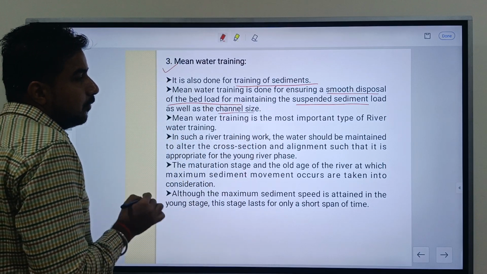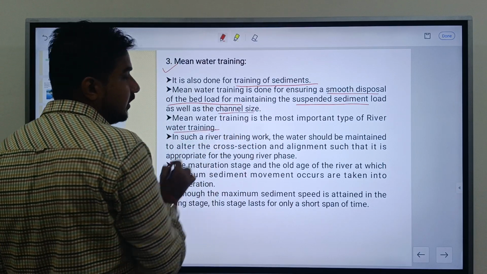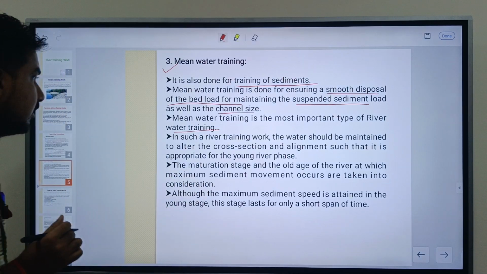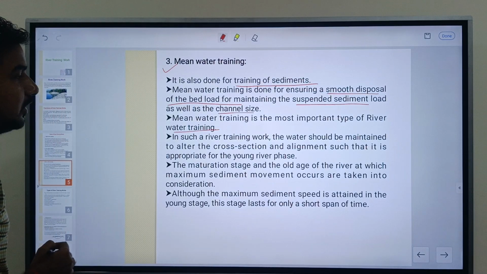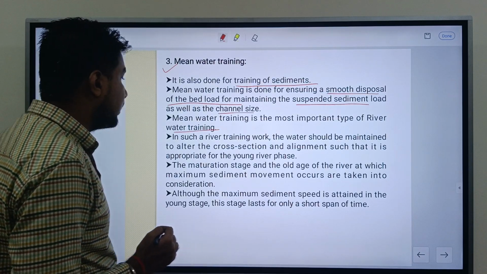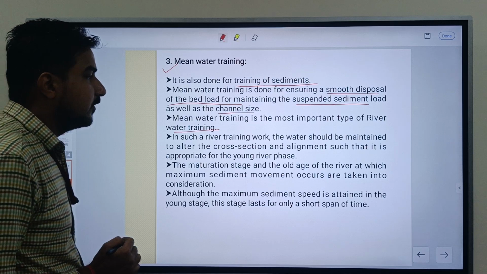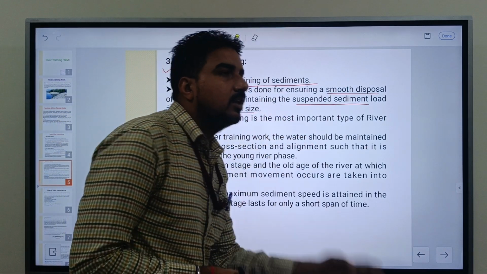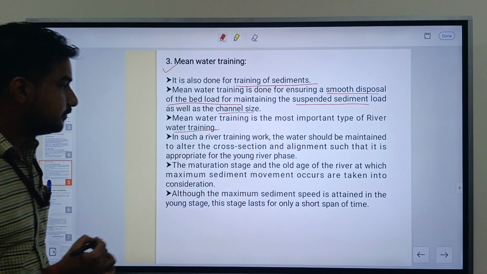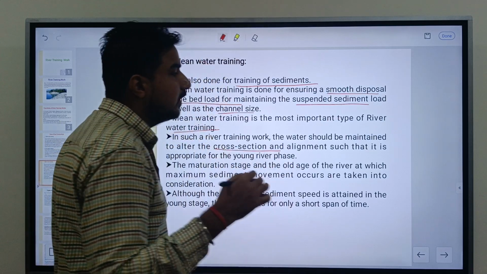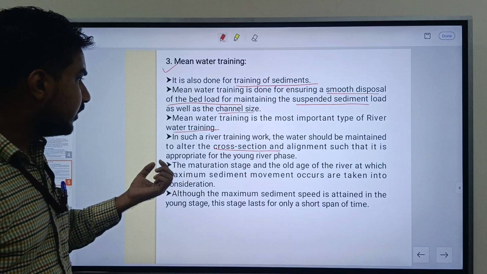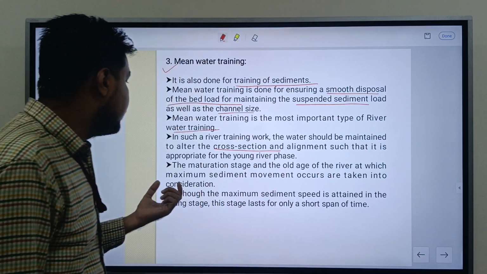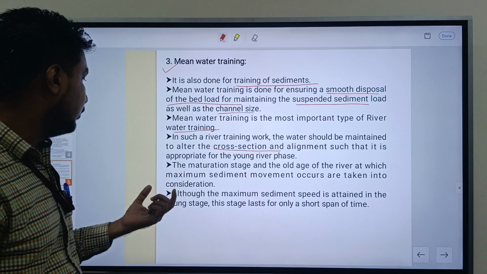Mean water training is the most important type of river training work. In such river training work, the water should be maintained in a proper cross-section and alignment, appropriate for the young river phase. That means they have to maintain a particular path, cross-section and alignment for easy and safe disposal of water along with the sediments. The old stage of the river, which maximizes sediment movement, is taken into consideration.